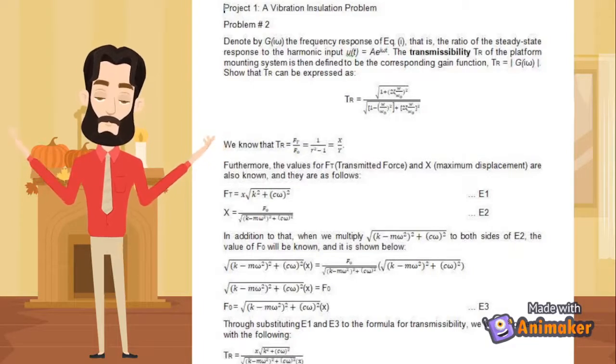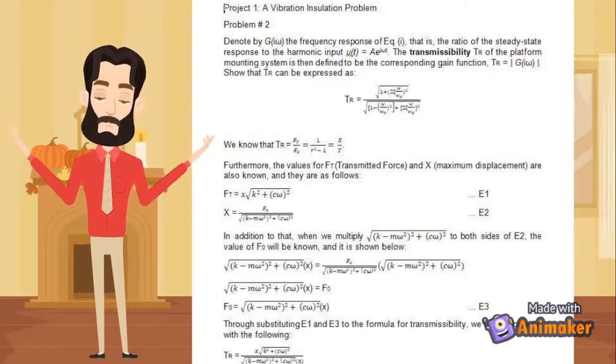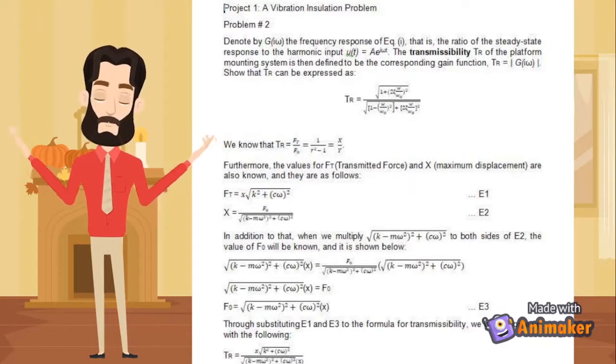The transmitted force is equivalent to x multiplied by the square root of k squared plus the quantity c multiplied by omega squared, and it will be known as E1.